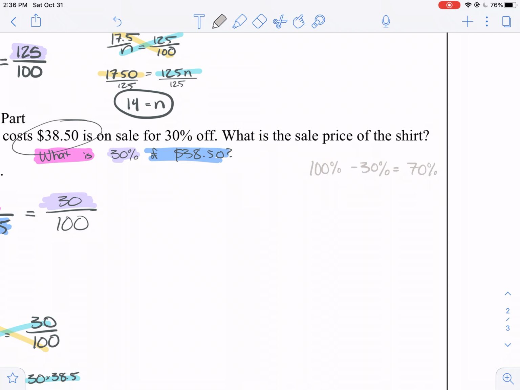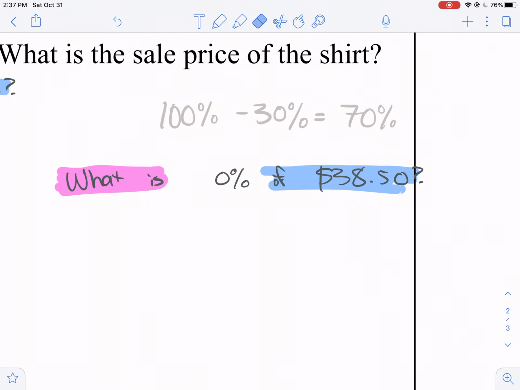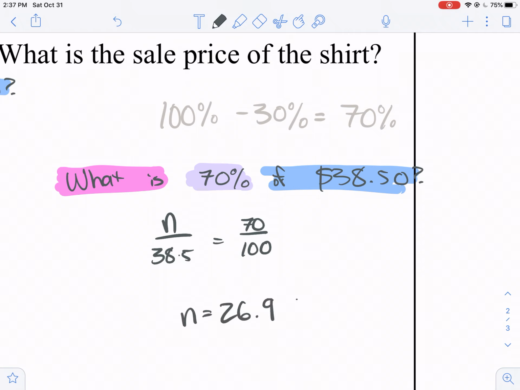So instead of asking what is 30% of 38.5, we would want to find out, hey, what is 70% of 38.5? Because that'll give us the actual leftover price. In setting up that proportion, n over 38.5 equals 70 over 100, that will give you that n equals 26.95. So they both work.